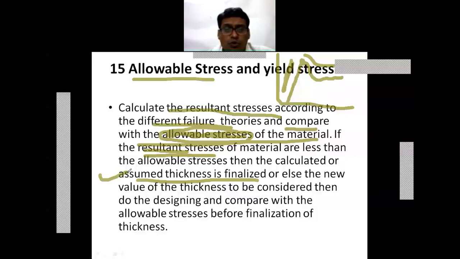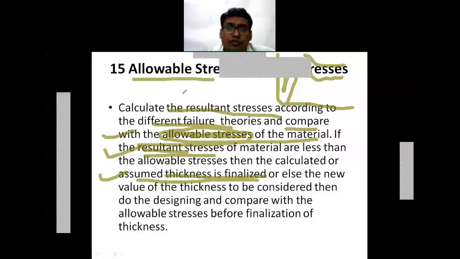That is the most important thing needed: the calculation of the thickness, which has to be compared with the resultant stresses and the allowable stresses, or you can say the permissible stresses, and they should not exceed the yield stresses. Your graph should remain in this stress strain region only.